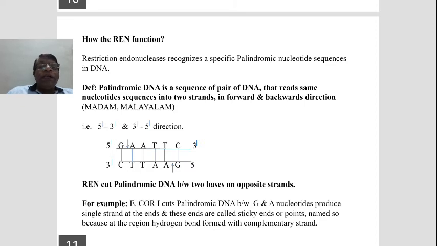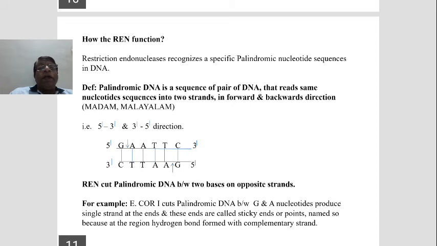It produces a single strand at the end. And these ends are called sticky ends or sticky points. Named so because at this region, hydrogen bonds are formed with the complementary strand. Hence, it is called sticky end.